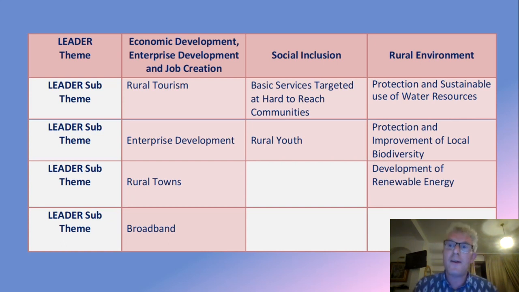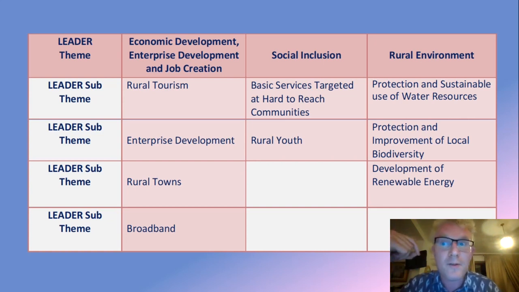And also the final area around the rural environment. Ireland prioritised actions that promoted protection and sustainable use of water resources, protection and implementation of local biodiversity, and the development of renewable energies.